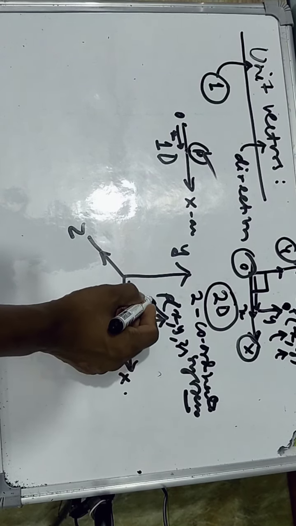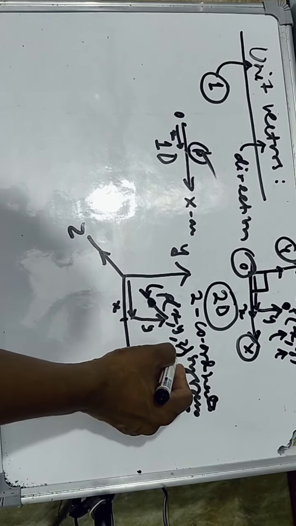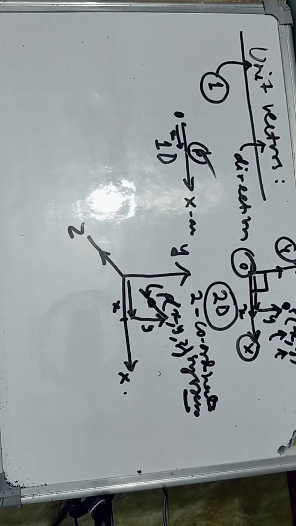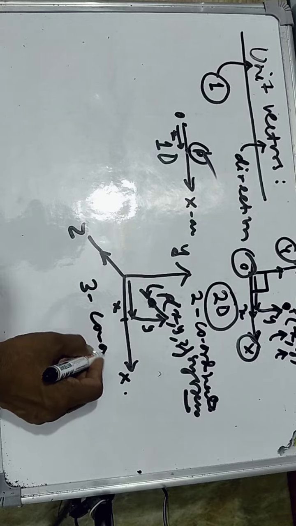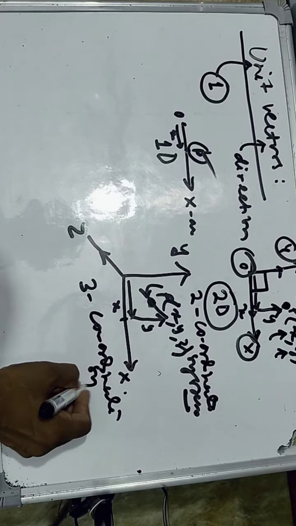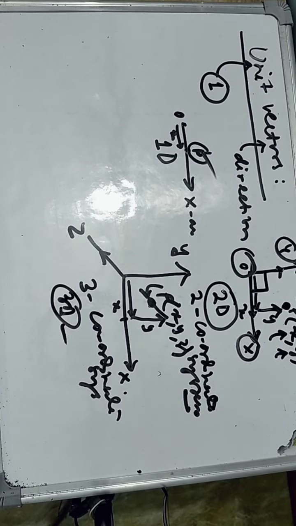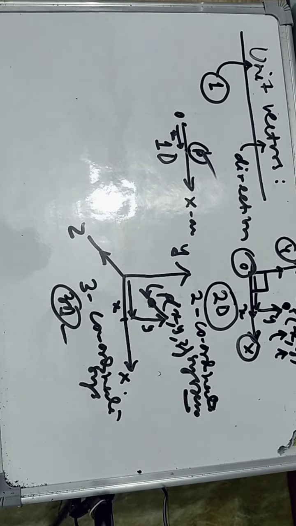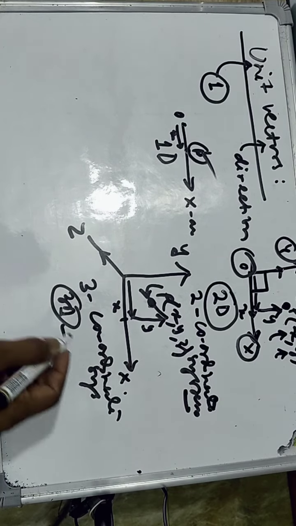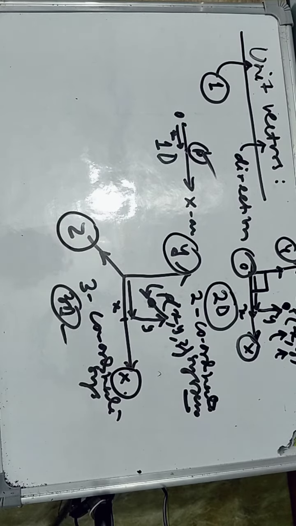This will be the coordinate of P using three coordinates. Hence it is termed a three coordinate system or three-dimensional. We'll be considering 3D, where we'll have x-axis, y-axis and z-axis.